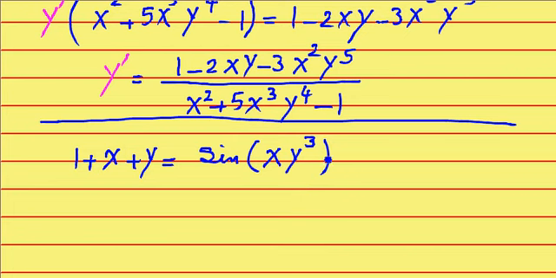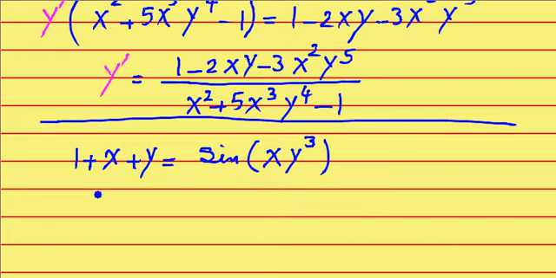You see, this is a really nasty looking equation. There would be no hope of separating x and y by any of the means we know in algebra or even trigonometry. So it obviously recommends itself for implicit differentiation.